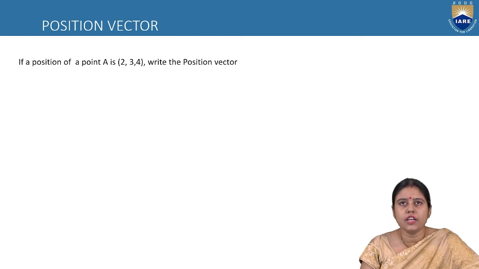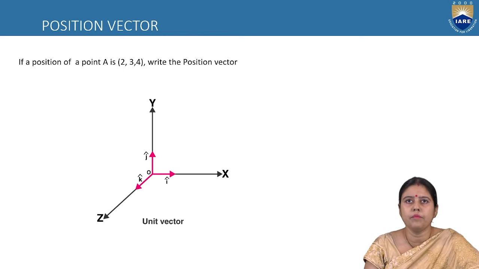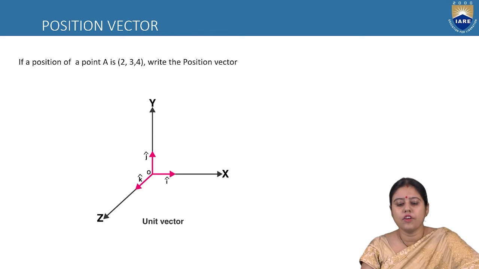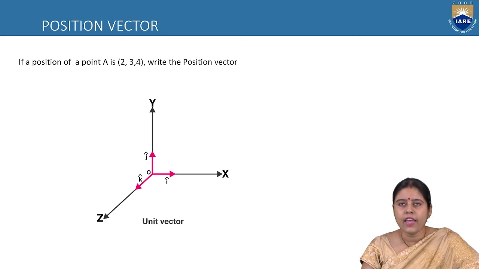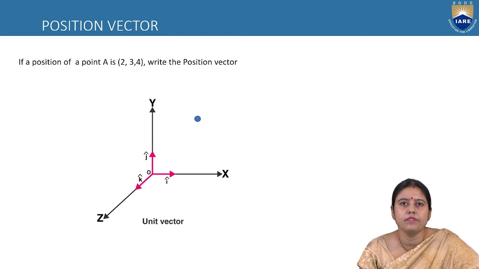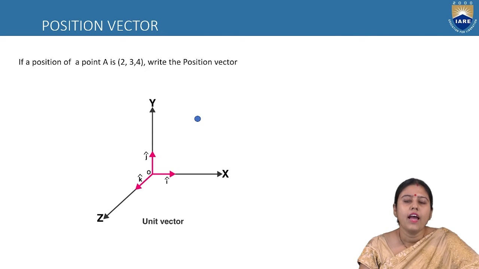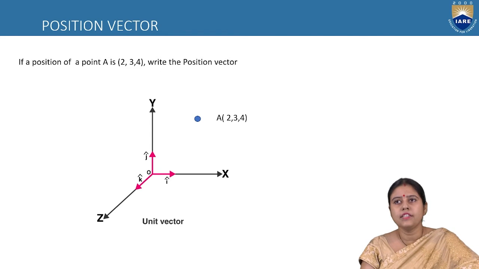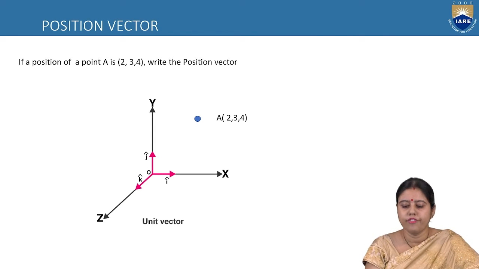If the position of a point is 2, 3, 4, write the position vector. So this is your position: i for x, j for y, k for z. This is the point. And what is the location of the point? According to the problem, it is 2, 3, 4.